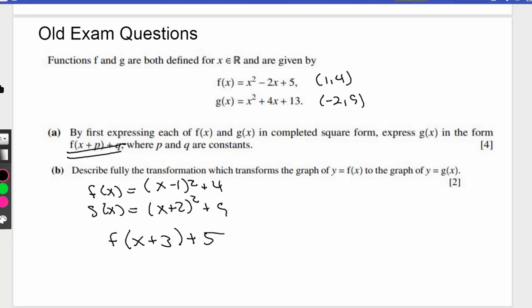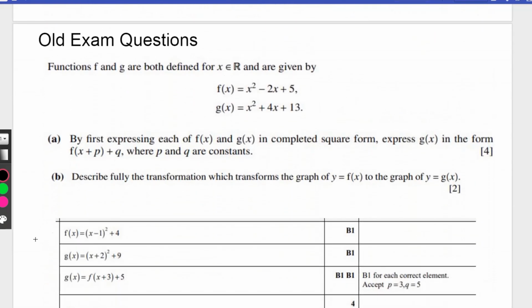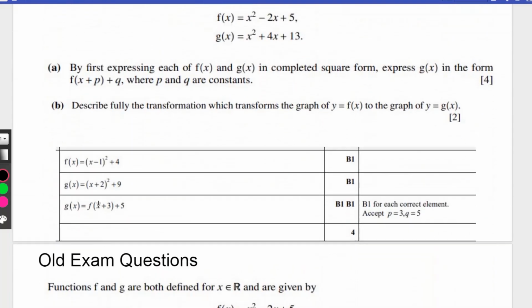Okay, let's see what they gave points for. They give you a point for each of the correct ones. This is worth 4 points? Oh my gosh. So they give you a point for getting this right and a point for getting this right, so if you put it in vertex form, you're getting 2 points. Then x plus 3, minus 1 to 2 is plus 3, and 4 to 9 is plus 5.